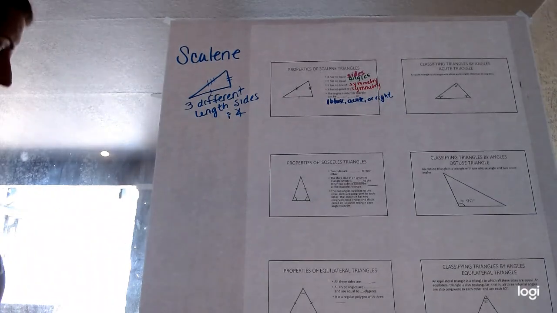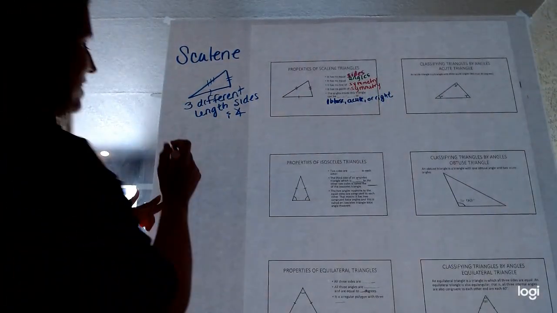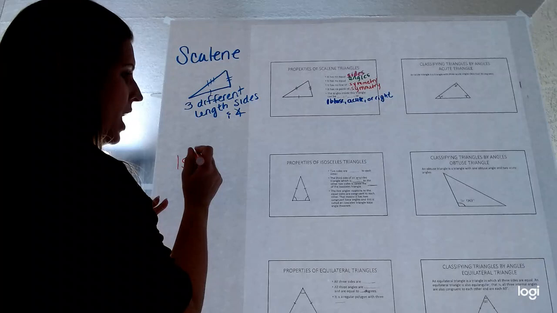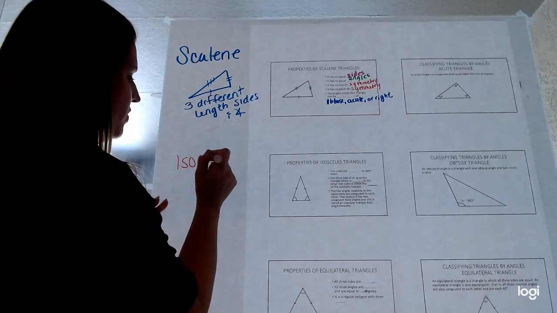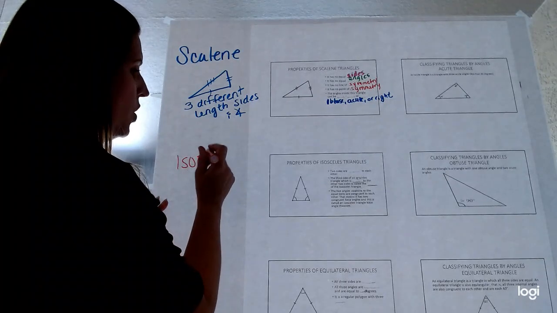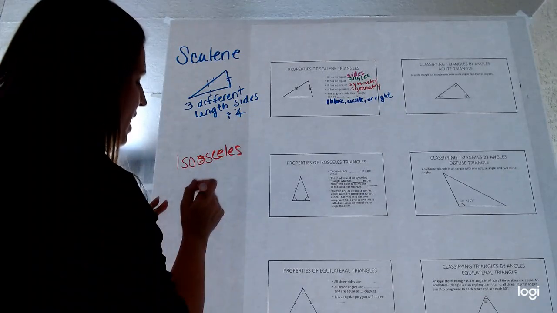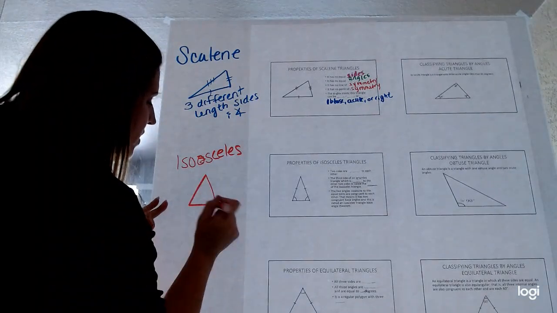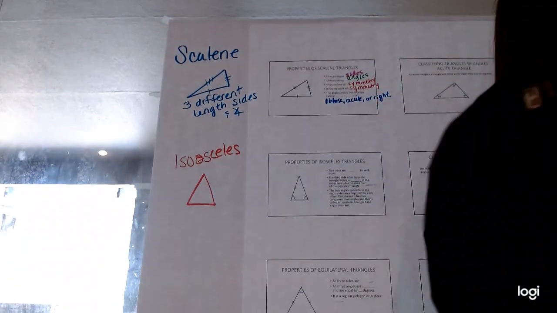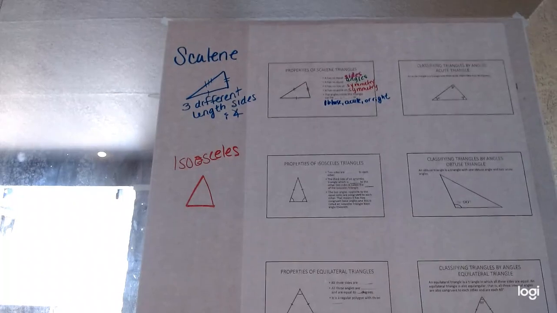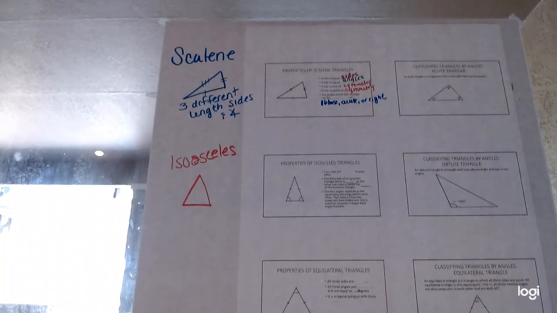Now the next one is what we call isosceles. I-S-O-S-C-E-L-E-S. And it looks like this. All right. Now, I'm working my way through here in this tiny little area, guys. I'm so sorry. Isosceles.